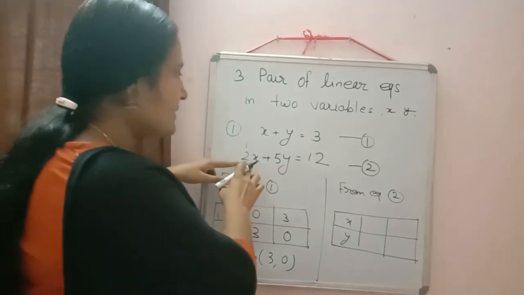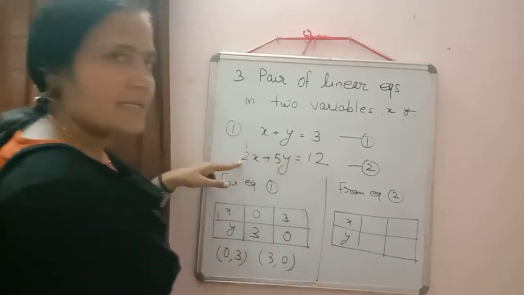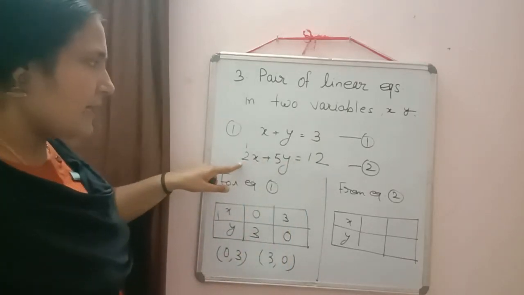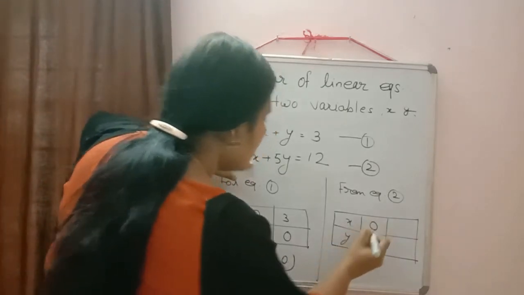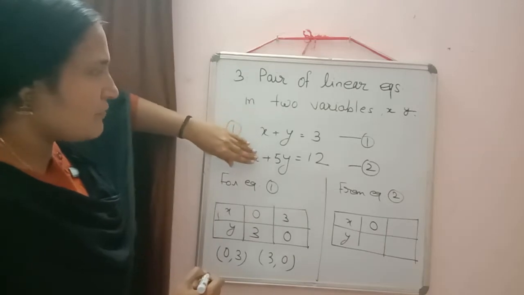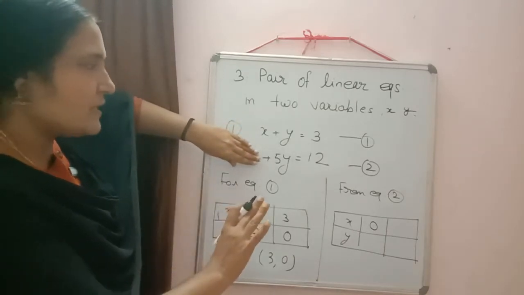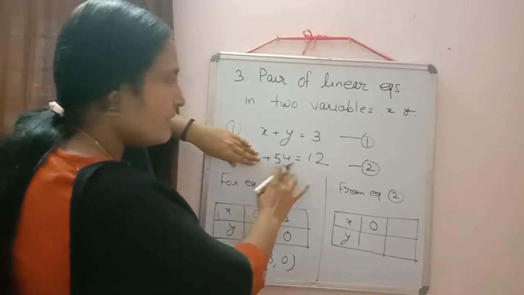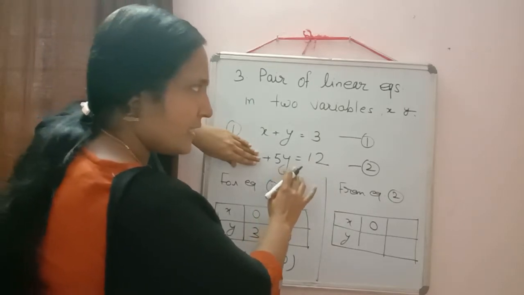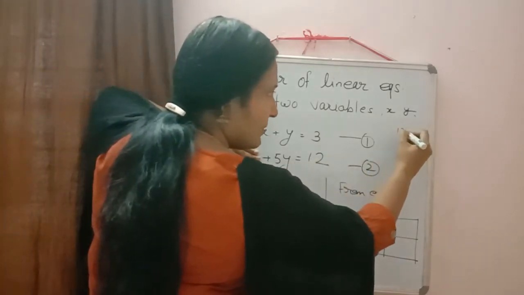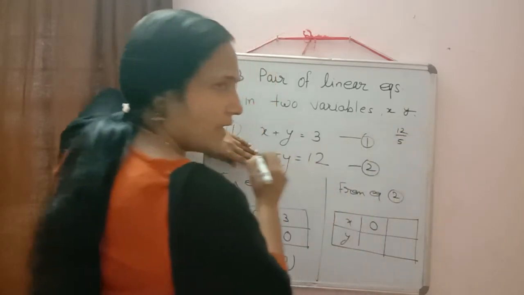Our second equation is 2x plus 5y is equal to 12. Again, substitute x is equal to 0. So our first term, 2 into 0 will be equal to 0. So this one is not there. We have 5y is equal to 12. Then what will be the value of y? Yes, value of y will be equal to 12 divided by 5.